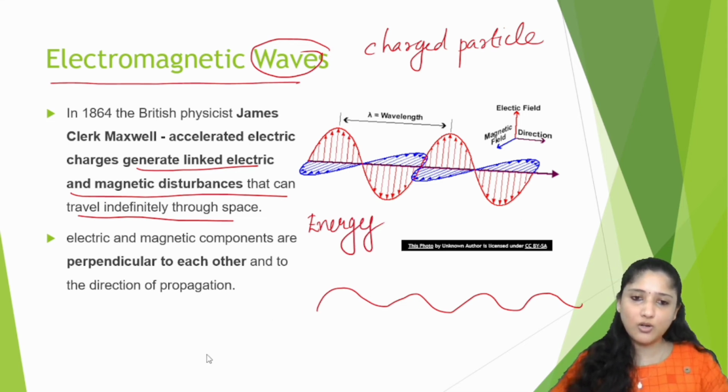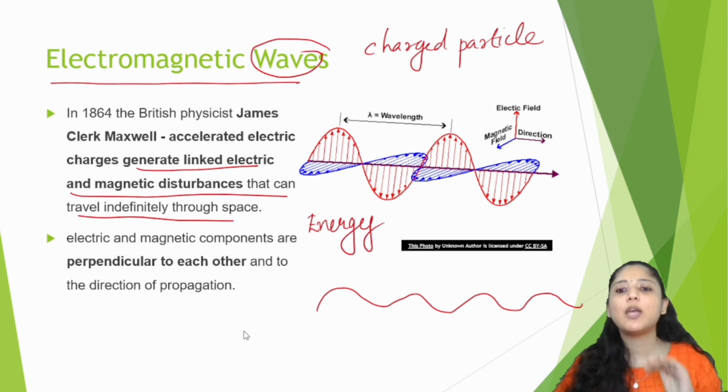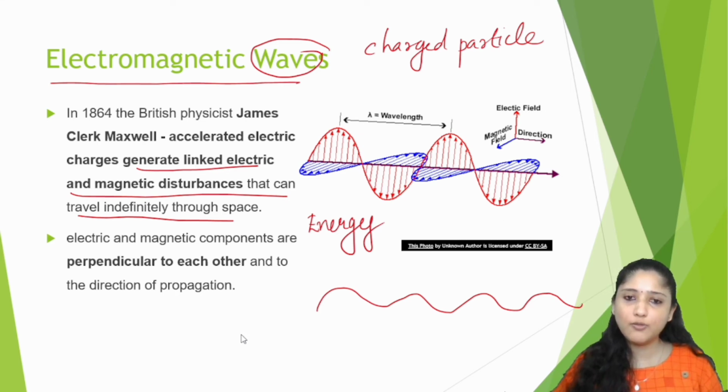What the scientist told is that a wave has both electric and magnetic field components, and these will be mutually perpendicular to each other and also perpendicular to the direction of the wave.